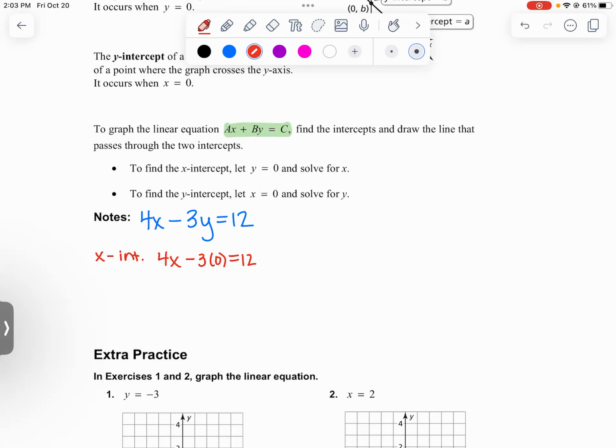What happens when we plug in 0? This is now 0, right? So I have 4x equals 12, so x equals 3. So what this means is I have the coordinate 3, 0 on the graph.